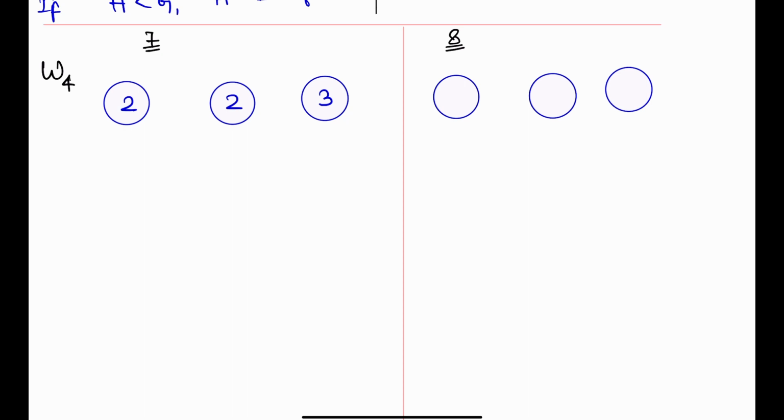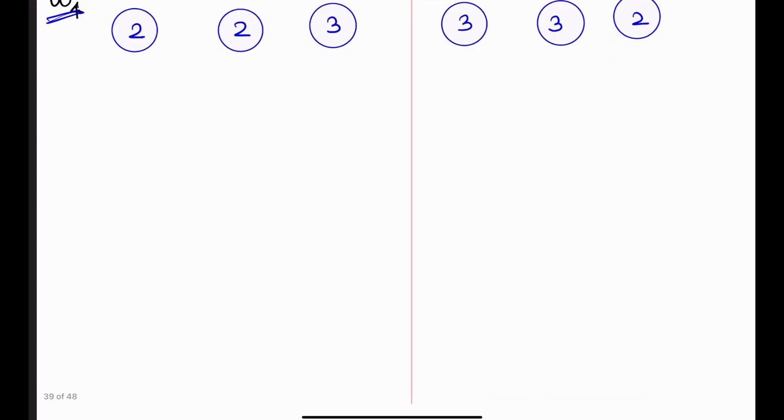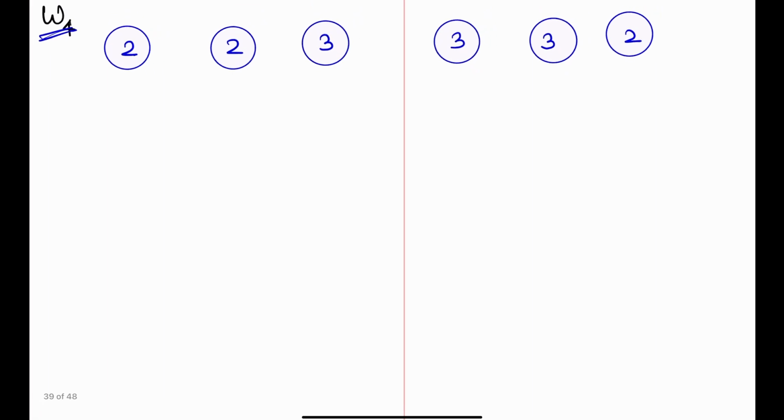And 8 will be 3, 3, 2. So it actually doesn't matter which one I am choosing. At the end of the day we have to do that many weighings only. So in this weighing what is going to happen?